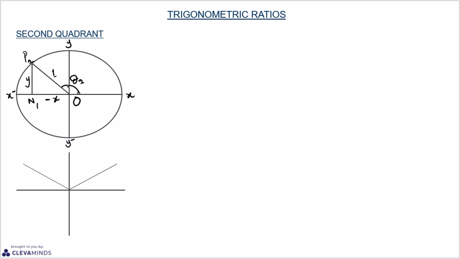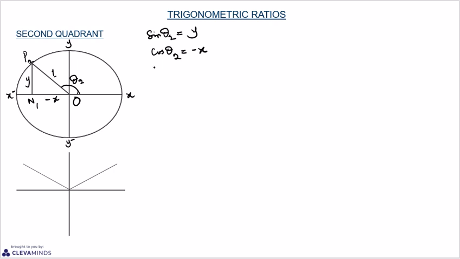So that means the angle in the right angle triangle OP2N1 is theta 2. From there we can observe that sine theta 2 will give us y, from SOHCAHTOA, opposite to hypotenuse. Then also cos theta 2 will give us negative x, that's adjacent to hypotenuse from this triangle, right?